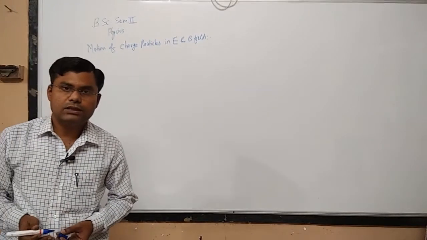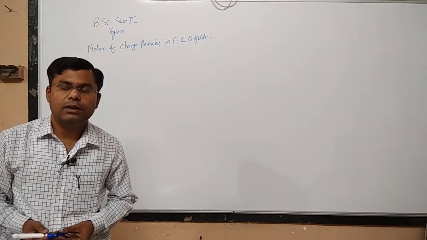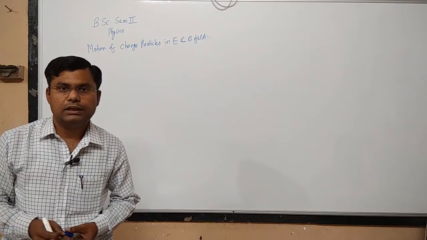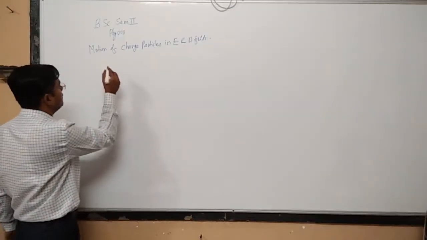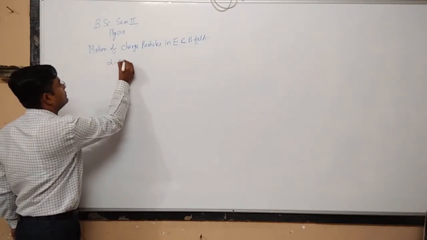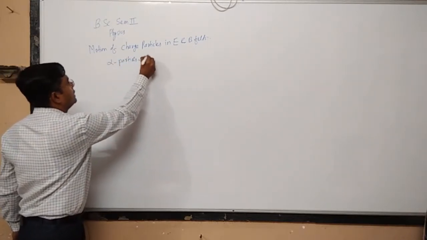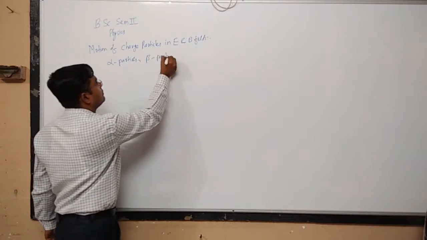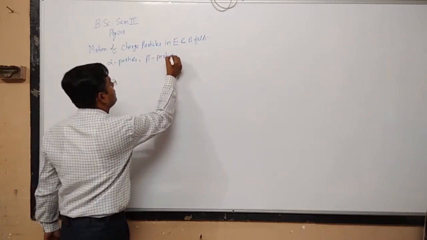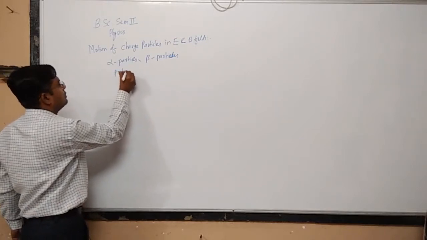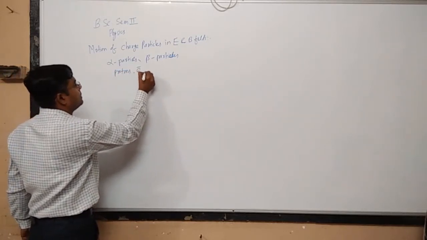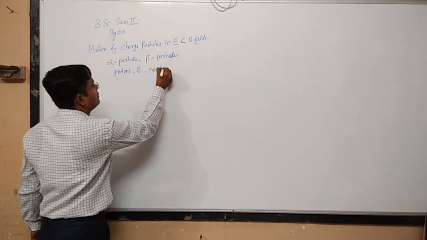So actually in physics we come across various elementary particles and fundamental particles. Examples of these are alpha particles, beta particles, protons, electrons, neutrons.